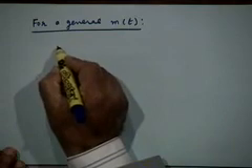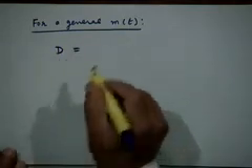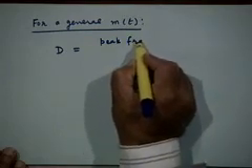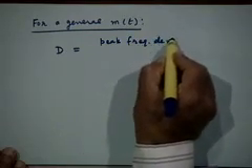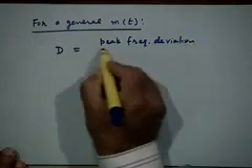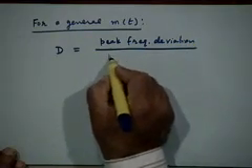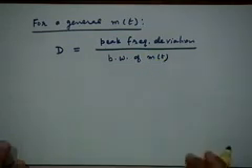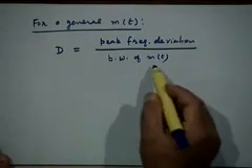To do that, let me define D as the following ratio: peak frequency deviation upon bandwidth of m(t), because m(t) now is a general signal, not a sinusoidal signal. The only way you can characterize it is through its bandwidth.